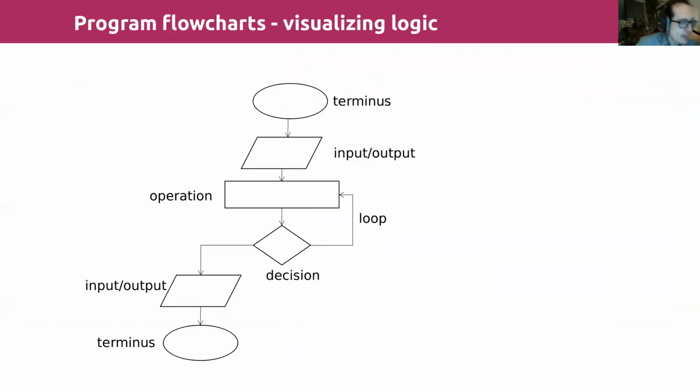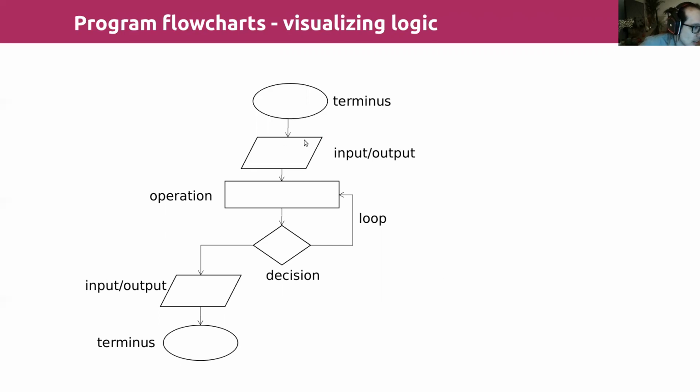And a lot of times it's good to visualize programming logic. There's a convention that's used fairly universally, which is to represent programs with this kind of flow chart. And most of them use the same convention. So if you have a circle, usually this indicates a terminus, just the start and end of your program, or the halting condition if you're Alan Turing.